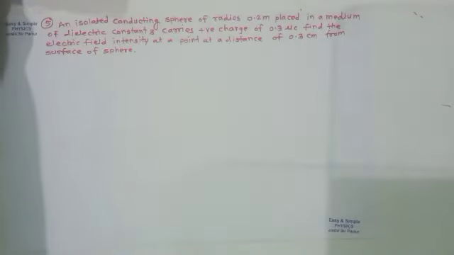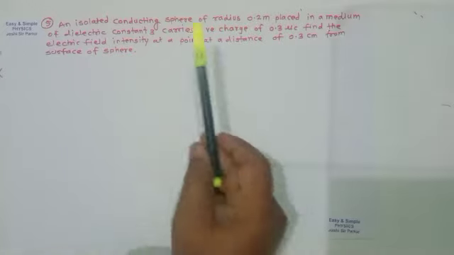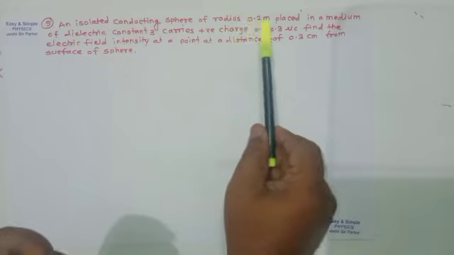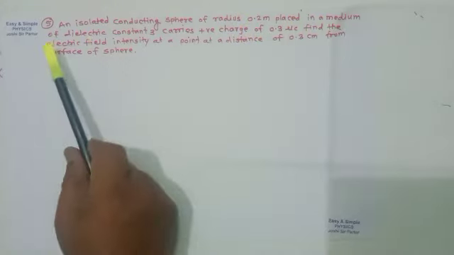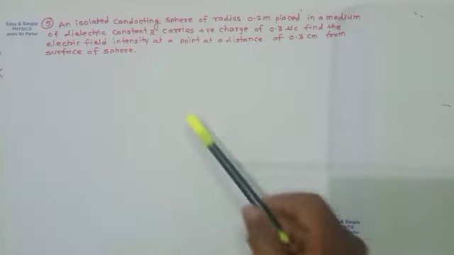Again, let us see another example. An isolated conducting sphere of radius 0.2 meter is placed in a medium of dielectric constant 3.